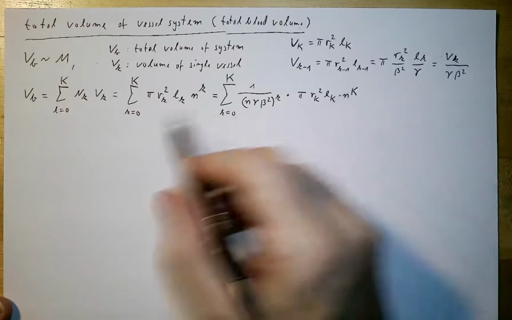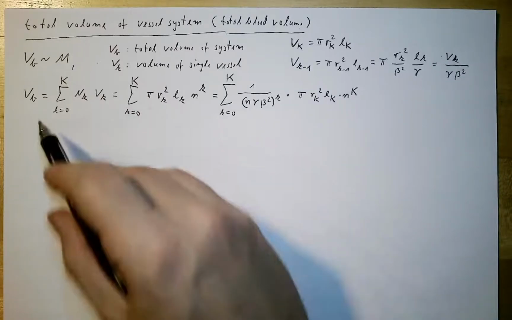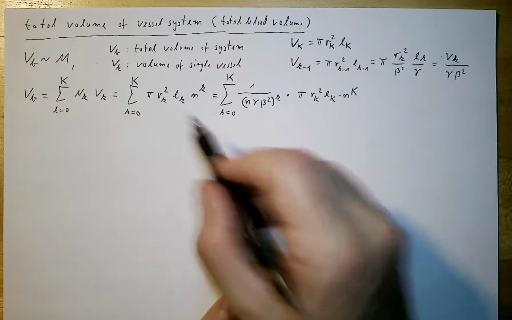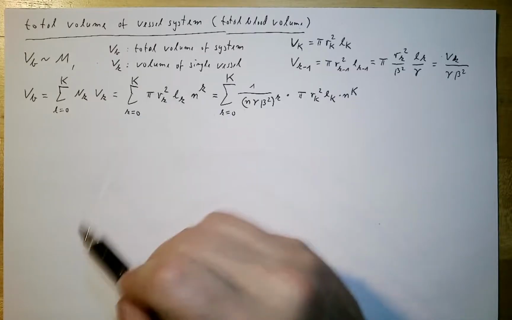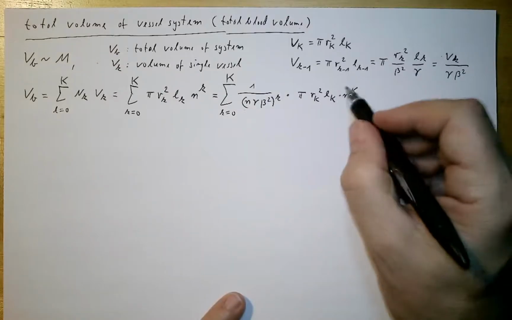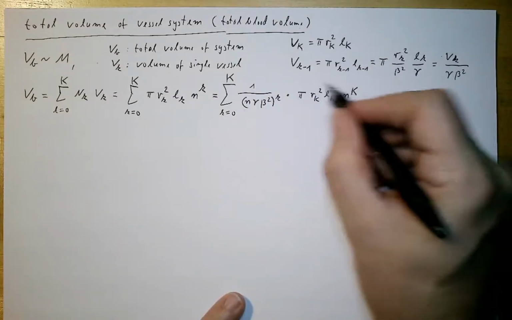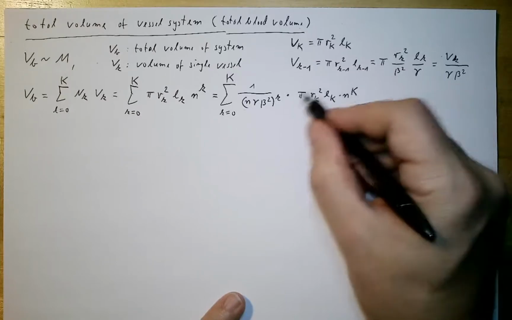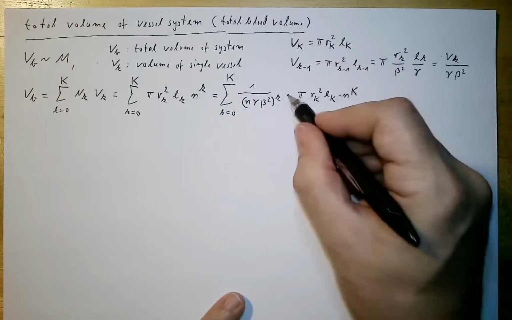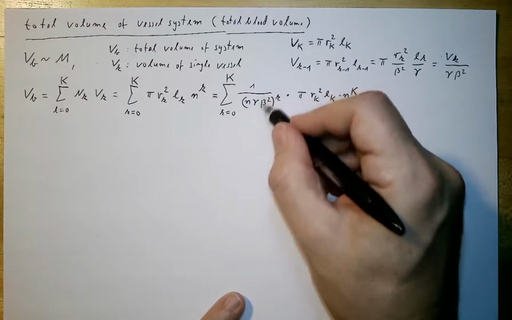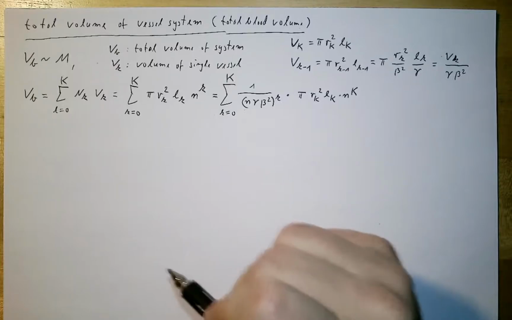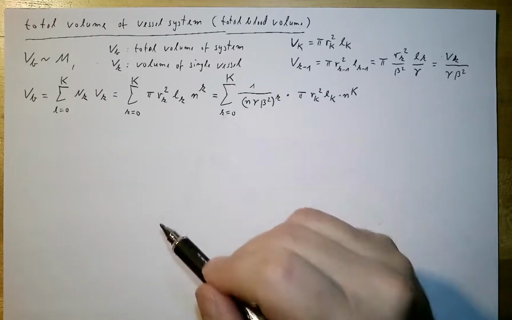So what we managed to do when we wanted to calculate the total volume of all vessels, we have a sum of all volumes, and we have written this as the product of the total volume in the smallest, the capillary branches, and a factor which gives us the volume at a certain level, small k.